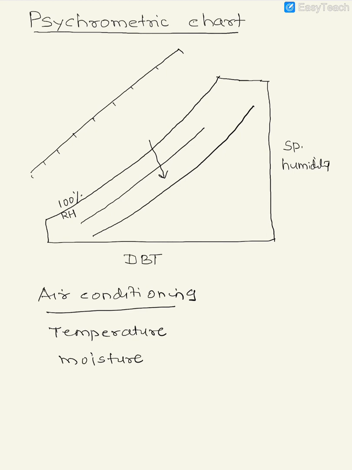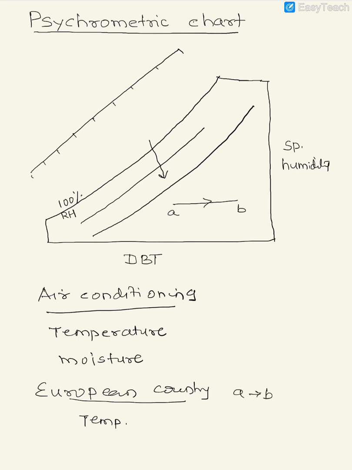If it is a cold country, like a European country, you might be interested in increasing the temperature. If it is simply increasing the temperature, then you need to carry out a process like this: A to B, which is called sensible heating.